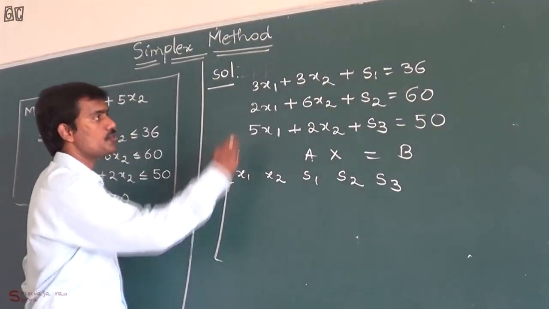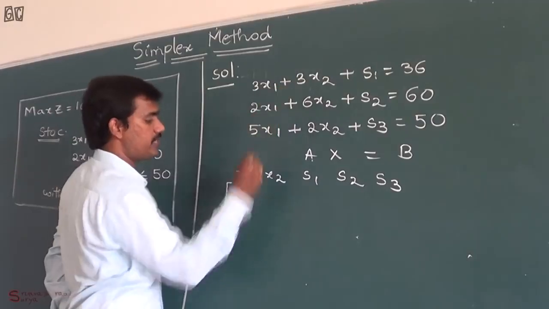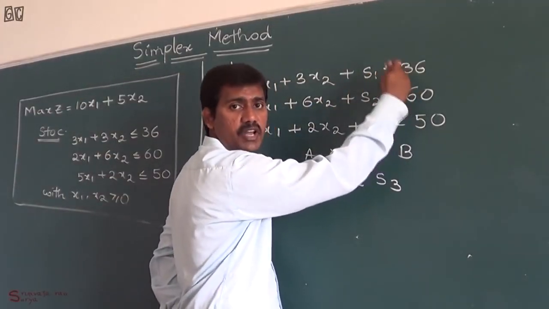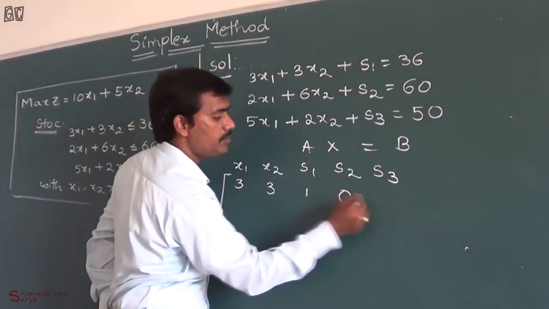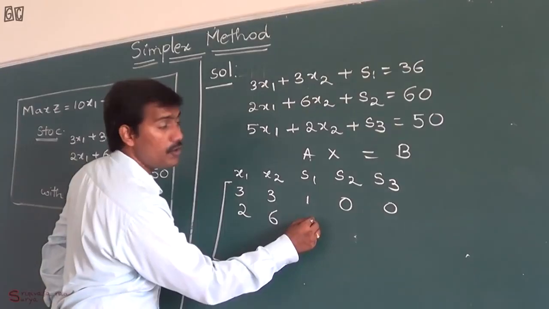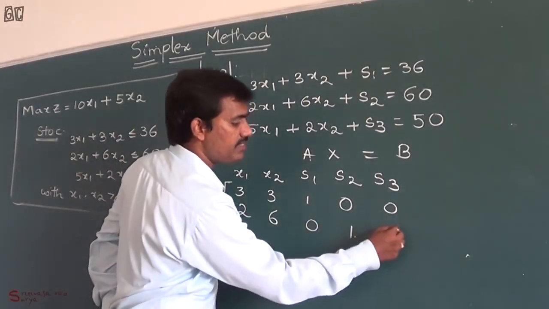That is the coefficient matrix. The coefficient of x1 is 3, the coefficient of x2 is again 3. We have s1 in the first equation, but we don't have s2 and s3, so those will be 0, 0. In the second one, it is 2, 6, we don't have s1, so that is 0, and this one is 1, and this one is 0.